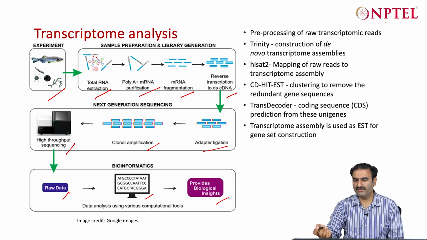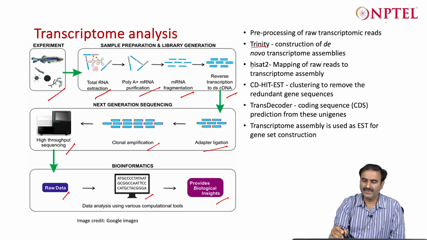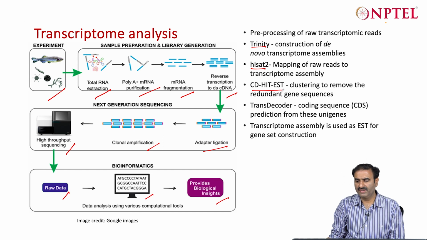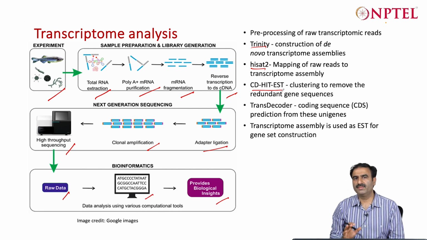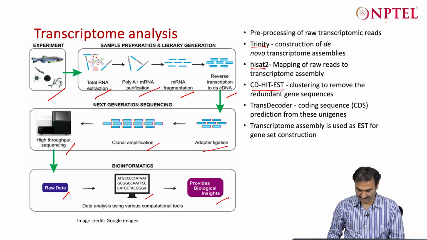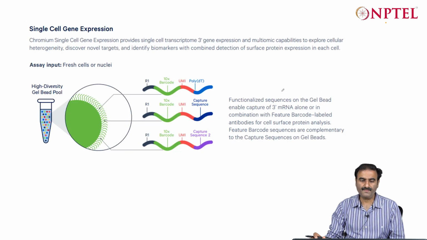And some tools are there that we have discussed earlier, like Trinity, HISAT2, CD-HIT-EST, which can help in the transcriptome analysis. And basically depending on the context and what you really want to do in transcriptome analysis, if you search you can find so many tools that are published. This is an established field, and so many publicly available tools are available for transcriptome analysis.